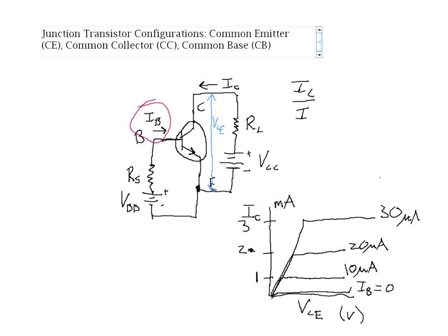IC over IB is approximately equal to 100, then we can say that our gain, the current gain, A sub C, is about equal to 100.